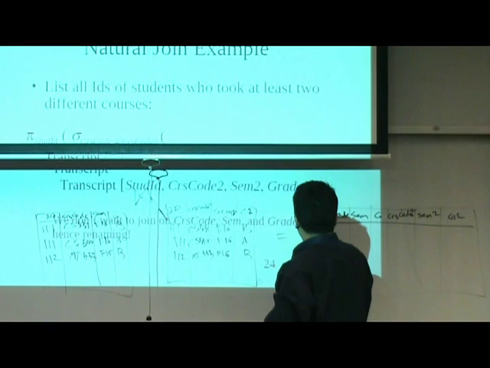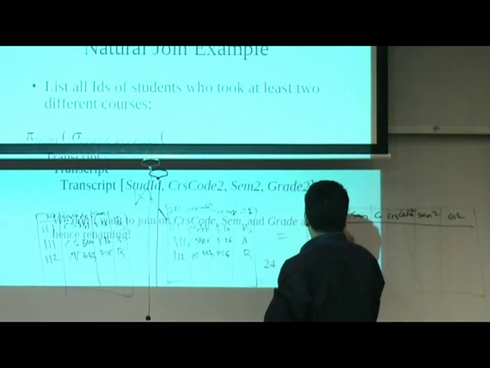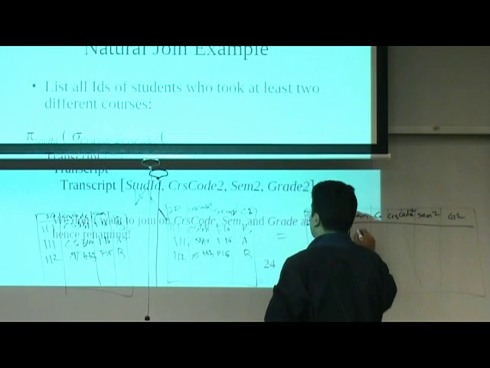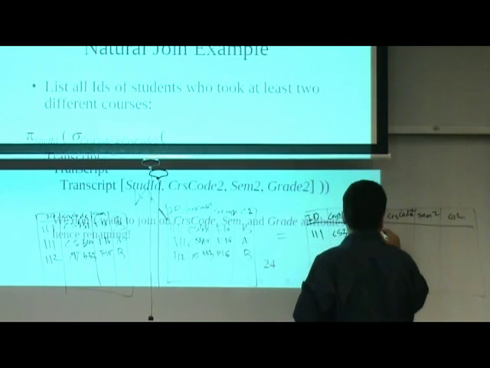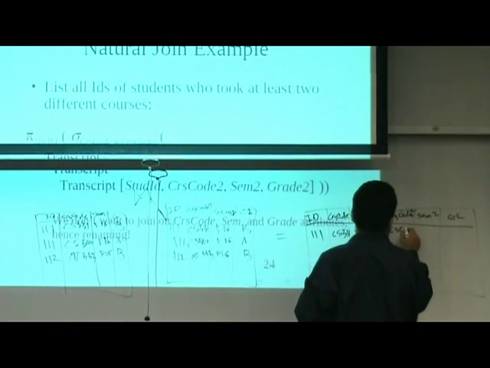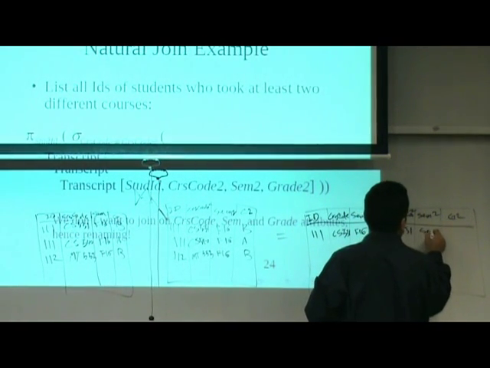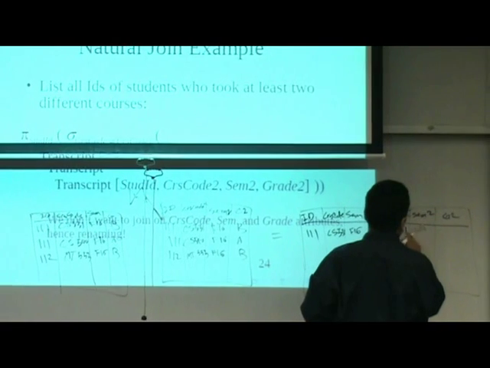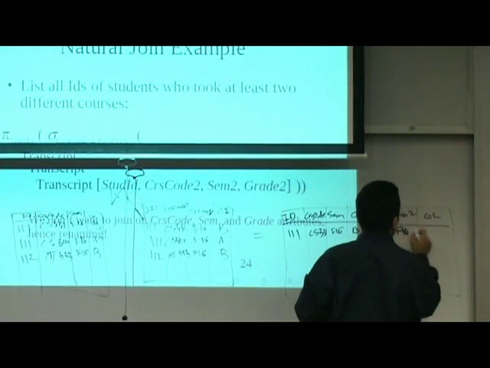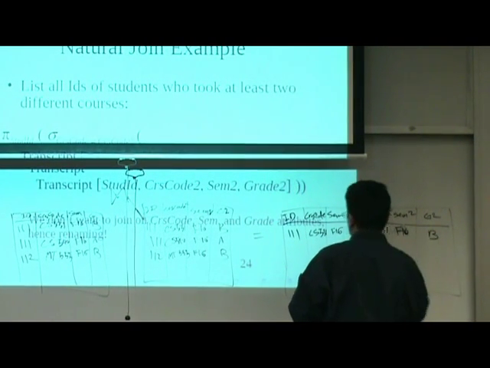So the result will be 111, CS 551, semester fall 16, he got B, CS 551, semester fall 16, he got B.